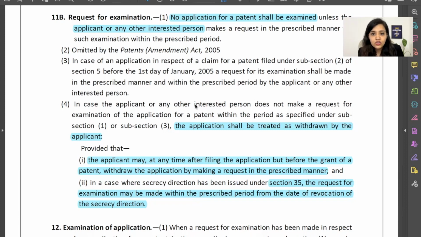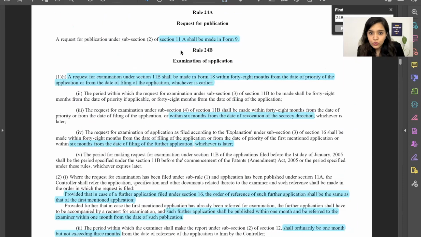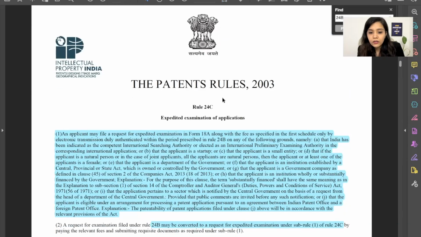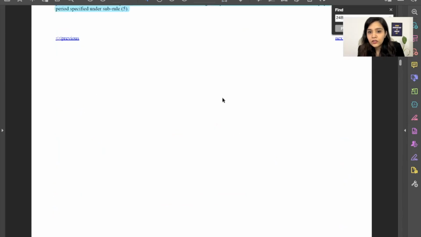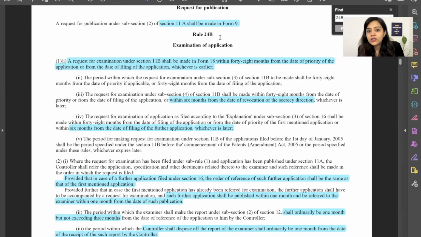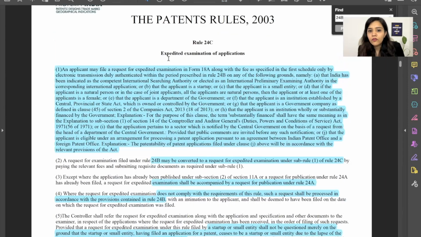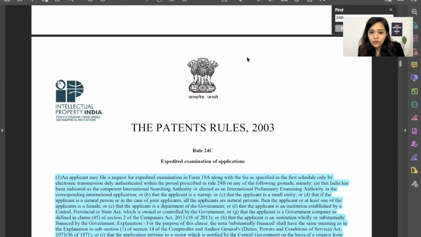Then the request has to be made in the prescribed manner. If you read the associated rules, rule 24B and 24C, you will find that the request can either be made under form 18 for examination of the application, or under 18A for expedited examination of the application.